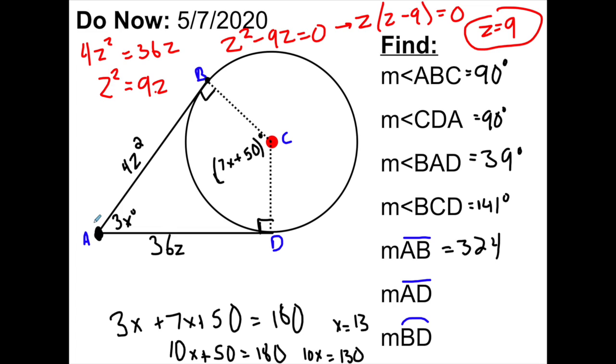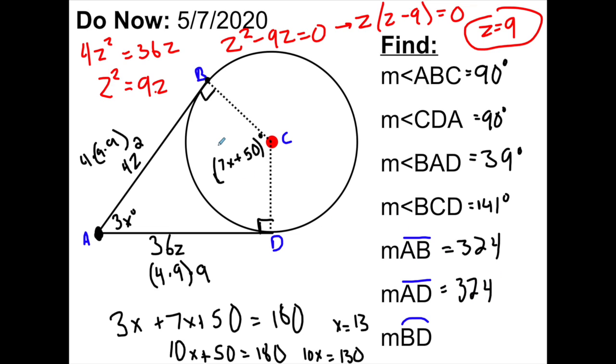This was 4 times 9 times 9. Look, 36 is literally 4 times 9, so this is 36 times 9. This was 9 times 9 because you were squaring, and this is 9 times 9 because you have 36. We know those have to be equal to each other.